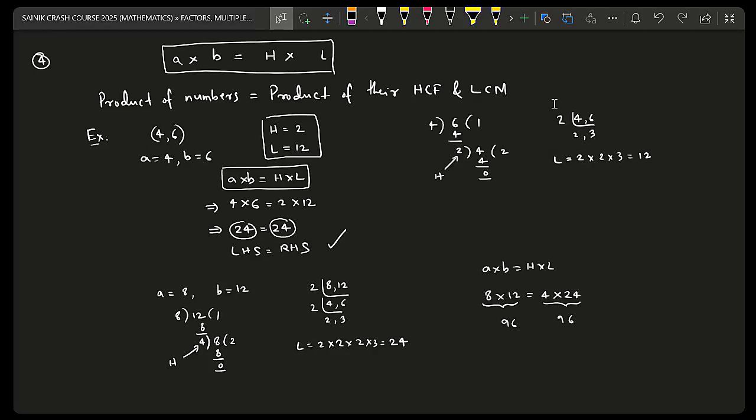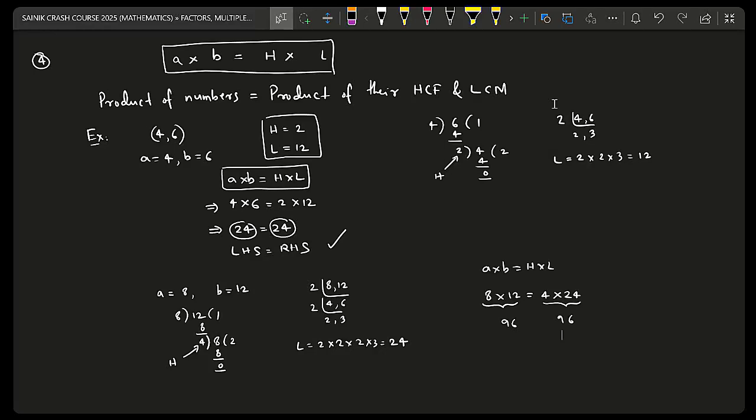Factor means what? Is it divisible? 15 is divisible by 3. Yes, sir. Okay, 3 is a factor of 15. Is 15 a multiple of 3? Yes, sir. Okay, then for them, without finding HCF and LCM, directly you can write HCF will be the factor itself, 3, and LCM will be the multiple itself, that is 15. Okay? Whenever factor-multiple pairs are there, you can get the answer.